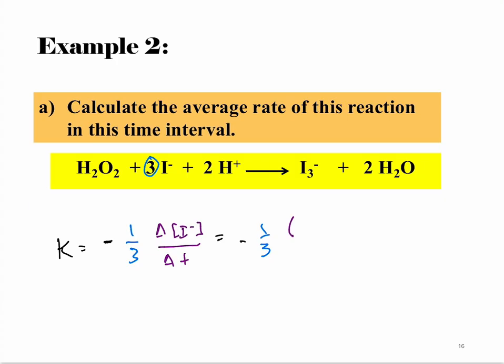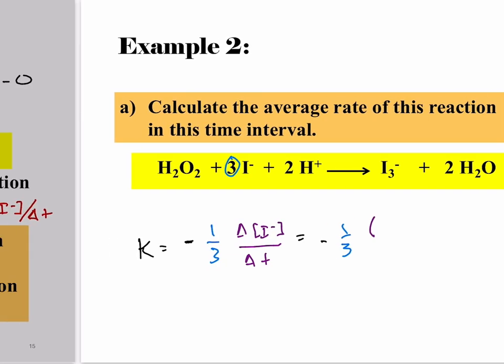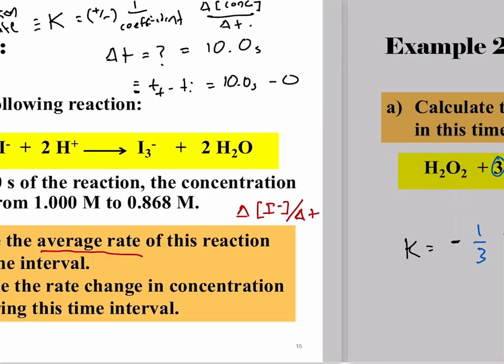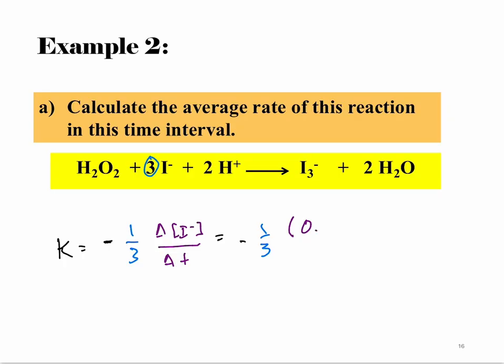What's delta I minus here? 0.868 molar, right? We always want to make sure we include our units. That's how we know we're in the right place. Minus 1.000 molar, right?